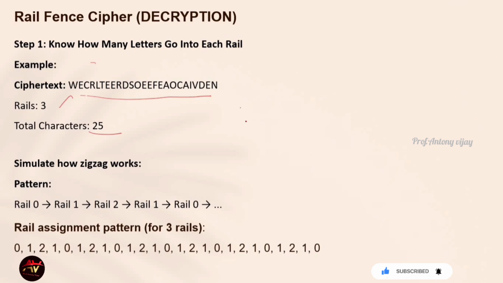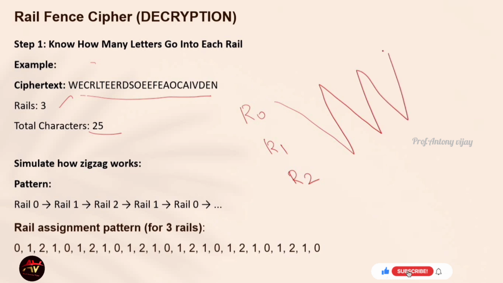As I told already, it follows R0, R1, R2 in a zigzag pattern: 0 first, then 1, then 2, then going up again 1, 0, again 1, 2, again 1, 0. Likewise these things are repeated.